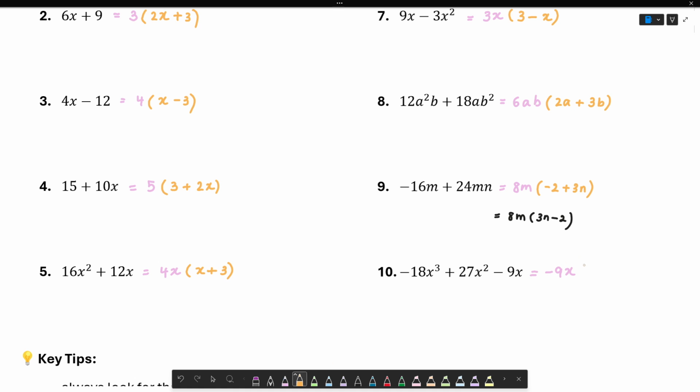Let's start dividing through with that 9x, or that negative 9x. Negative 18 divided by negative 9 is just a positive 2, and we will have x squared left over. Negative 9 into 27 is negative 3, and we'll have an x left over. And over here, we see the exact same thing being divided by itself, so that's going to be a 1. And there you have it. Those are all our examples.